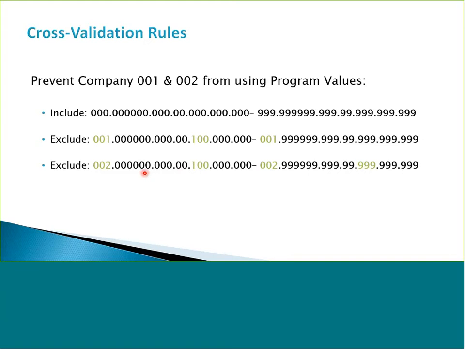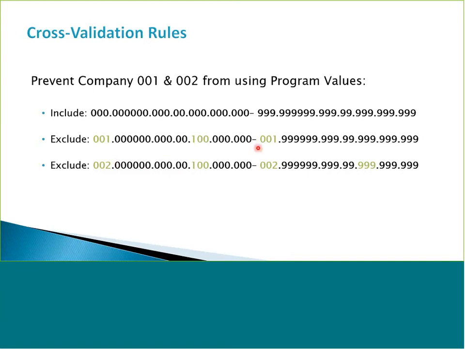Now, why did I do this in 2 exclusion ranges? The reason is that I wanted to show that sometimes the exclusion ranges do not fall in one neat range, like going from 01 to 02.